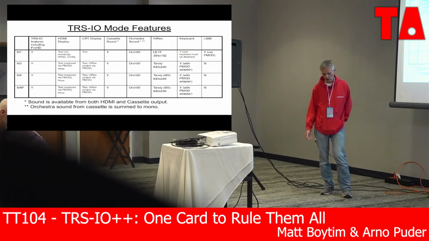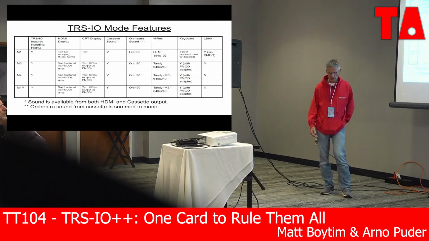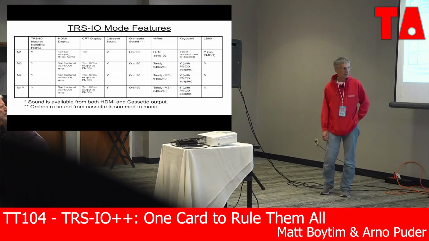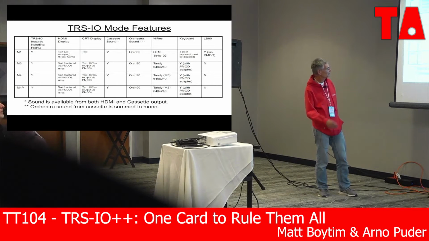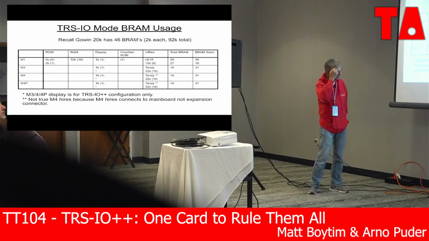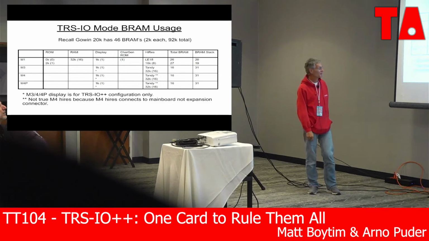On the Model 1, you would have to disable the internal keyboard. On the Model 3 and Model 4, we could make actually a little PMOD adapter that would allow you to do that. All right, next, Arno. So I think this is the slide I was talking about. Yeah, so this is the one now that really indicates the amount of block RAM utilization for the various features.